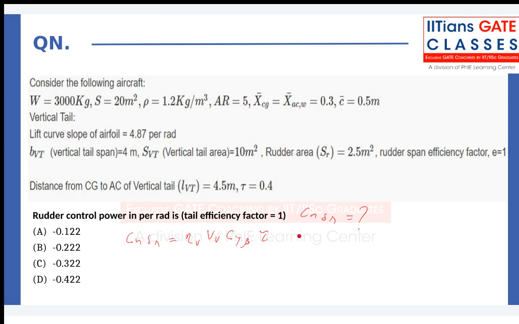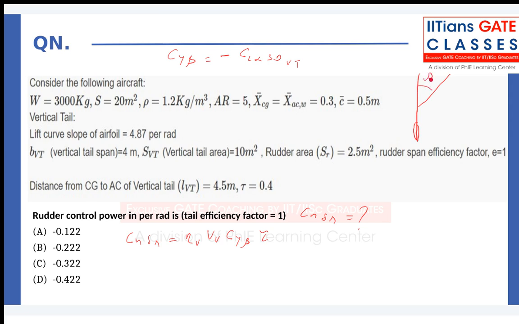Yeah, so Cy beta will be equal to negative of Cl alpha 3D of the vertical tail. The Cl alpha we just found out, it will be the negative of that. Why will it be negative? Let me just draw this. If this is your fuselage reference line and this is your vertical tail, positive beta is denoted this way, right?